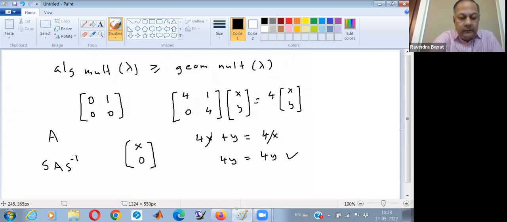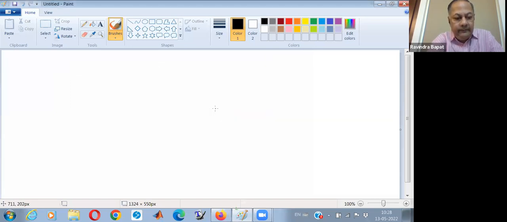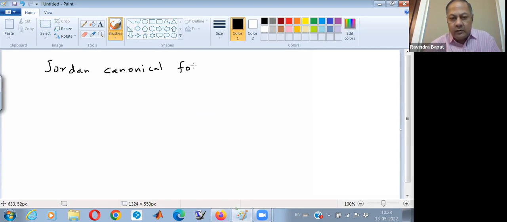One of the very powerful canonical forms is the Jordan canonical form. I'll describe the Jordan canonical form without proof. The Jordan canonical form reveals quite a bit about the eigenvalues and eigenvectors. If you have a first course in linear algebra, typically it should end with the Jordan canonical form.